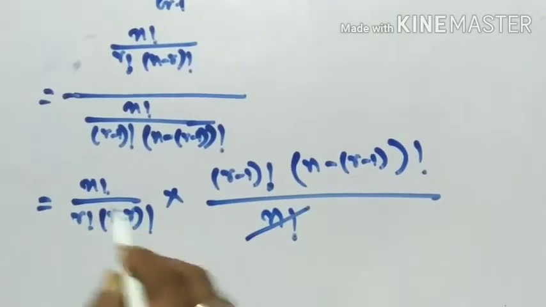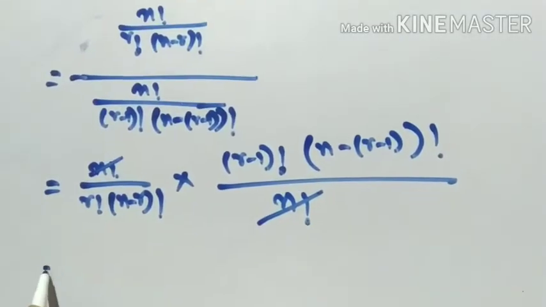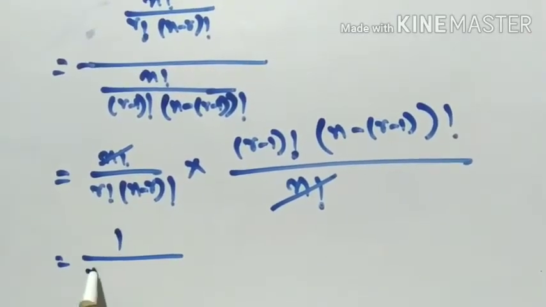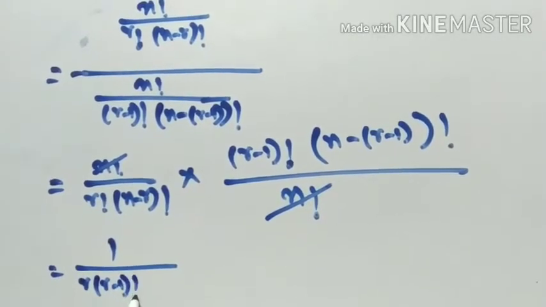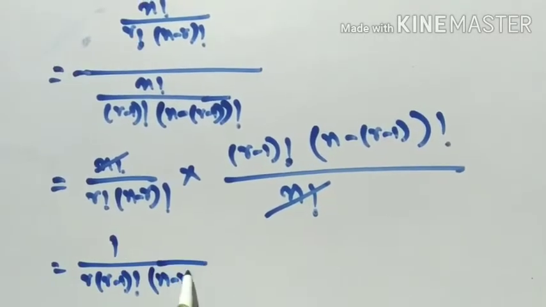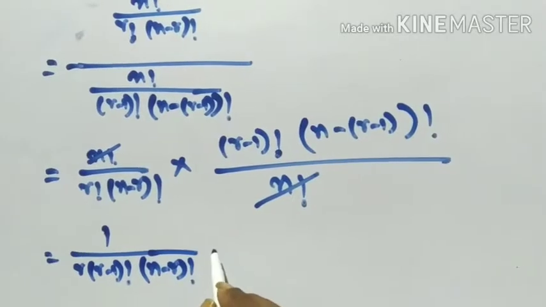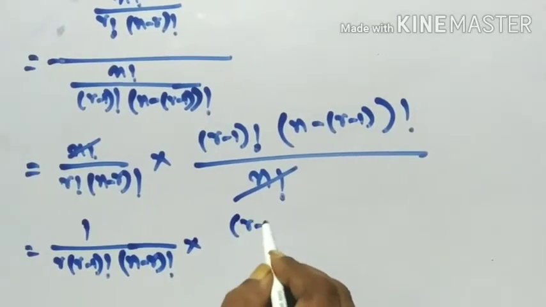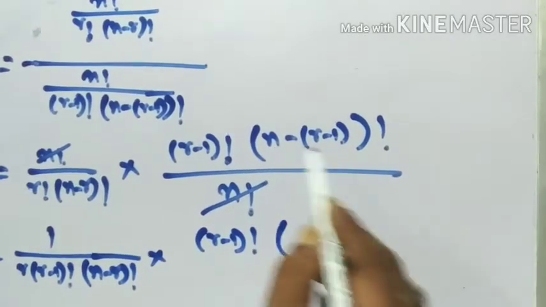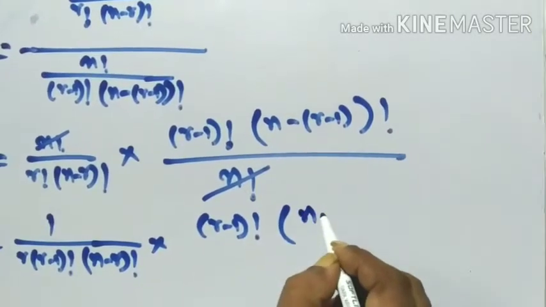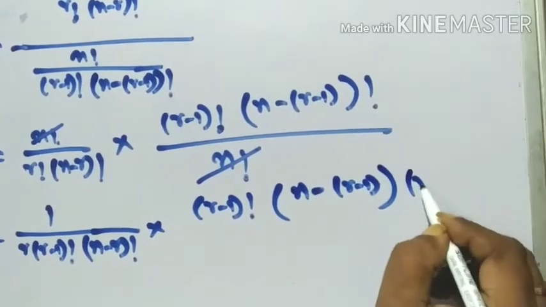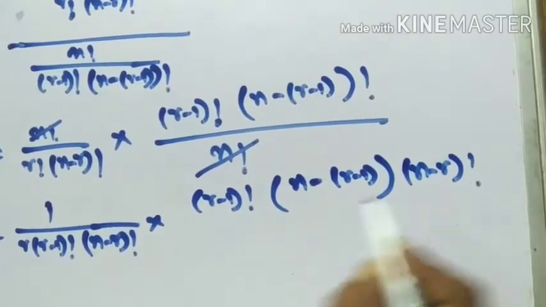Now this n factorial cancels out. Again, 1 by r factorial, the next term will be (r minus 1) factorial, and (n minus r plus 1) factorial divided by (n minus r) factorial.